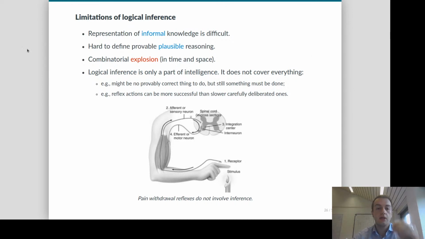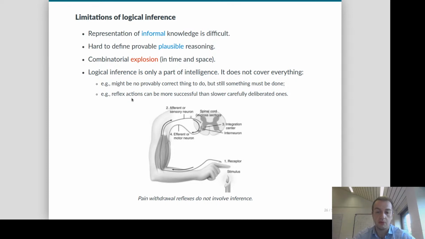Then another example are reflex actions, in which you don't think, you just take an action, and these reflex actions can be more successful than carefully thought-out and reasoned actions that you would get from logical inference.